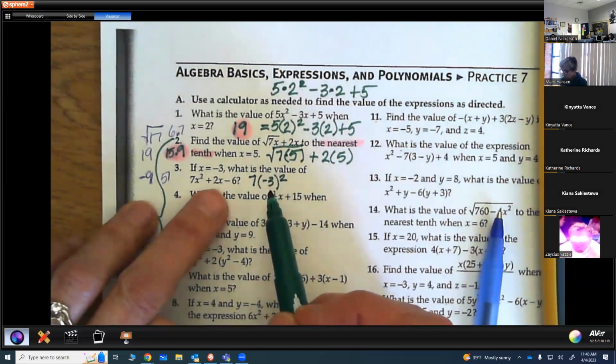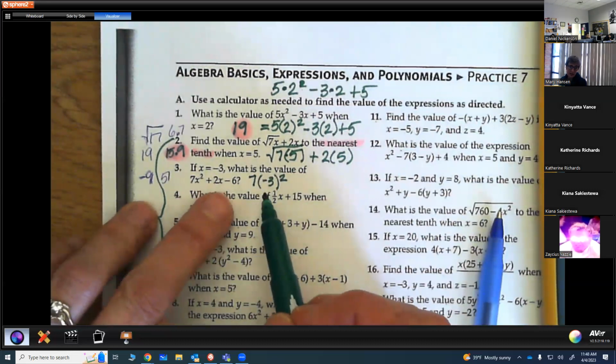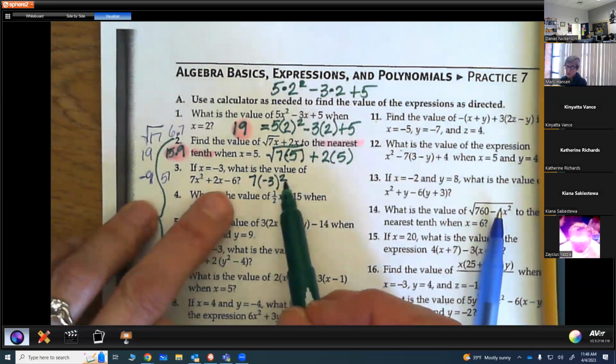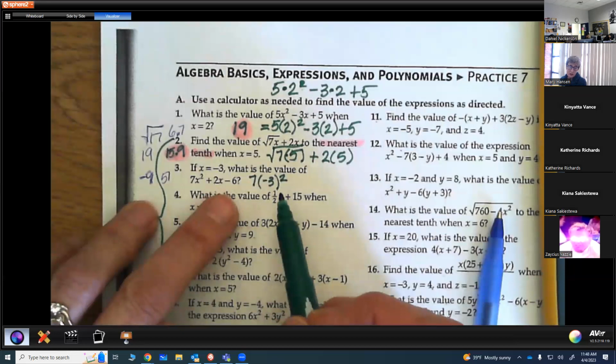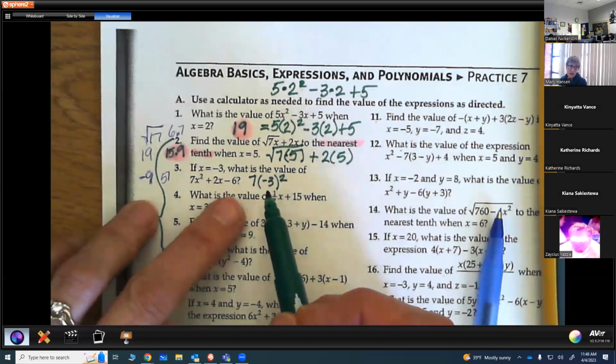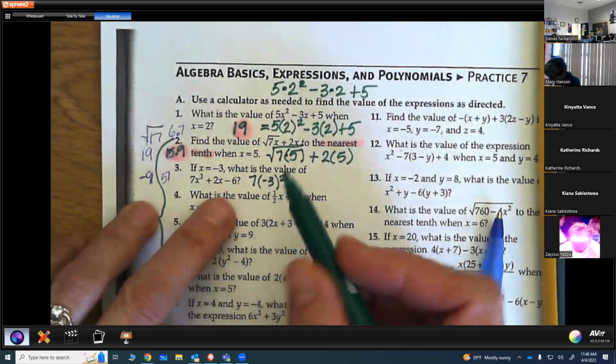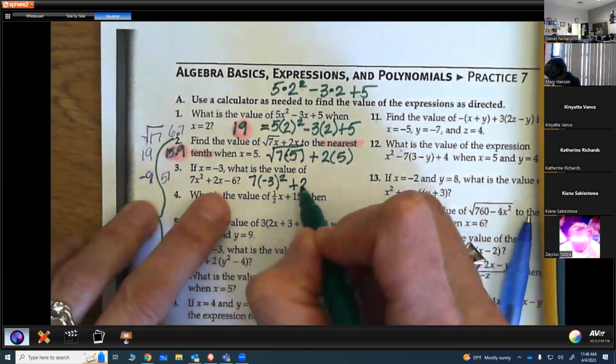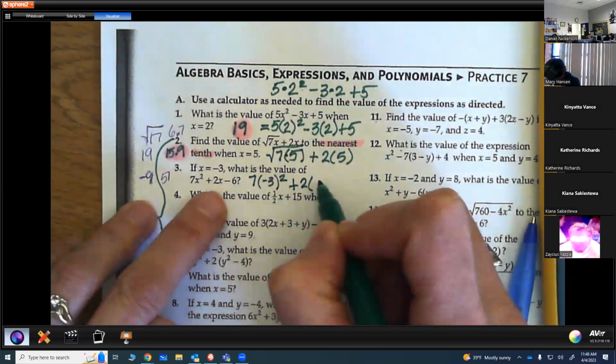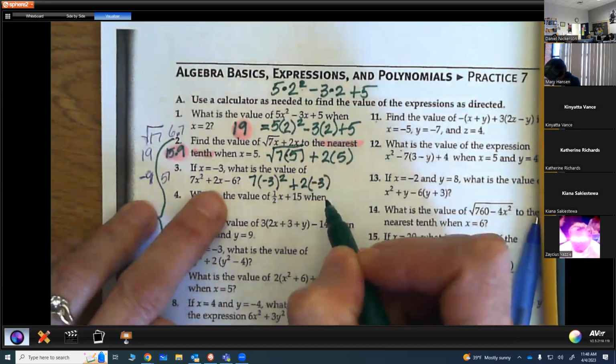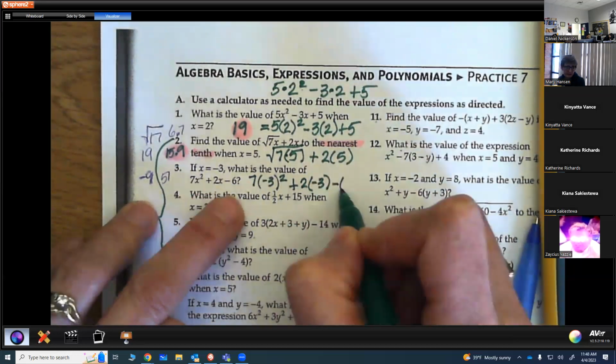A good policy is if I'm going to take anything to an exponent, just put the parentheses. You don't always need them, but it's not wrong to have them. So the best policy is just always use them. Then we're going to take 2 times -3, and then we're going to subtract 6.